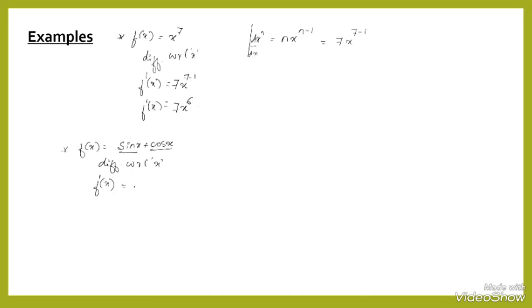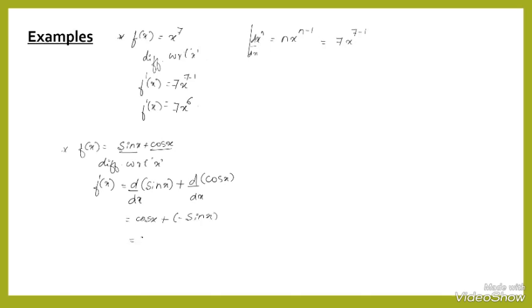as the first function separately, d by dx of sin x plus, keep the plus sign, and differentiation of cos x. Okay, I will differentiate separately. Now, differentiation of sin x, we already know the standard formula, that is cos x, and differentiation of cos x will be minus sin x.